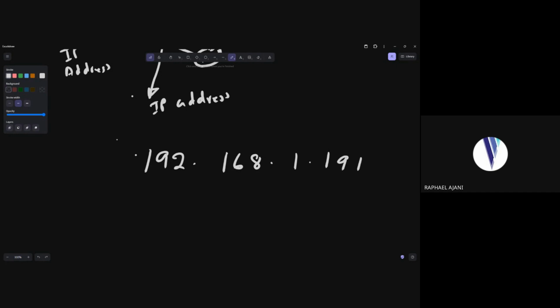Just know that at the back of your mind, for security reasons, you can have an IP address set up as dynamic, which means that it will expire after some days. Normally in the computing world, we set it at 14 days, 2 weeks. If you decide to set it as static, it means it will be there until you change it.